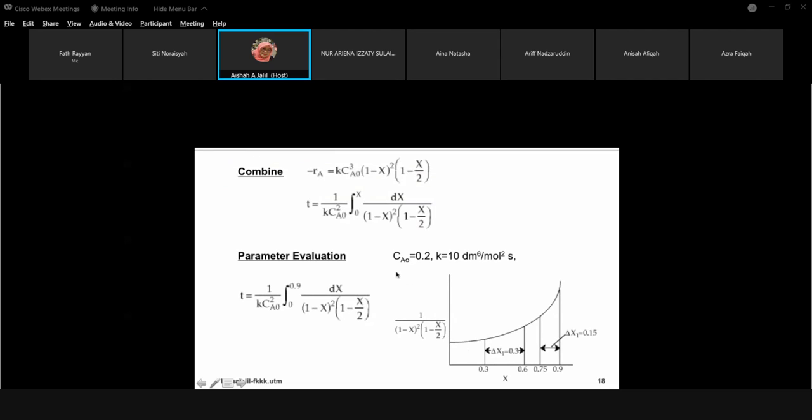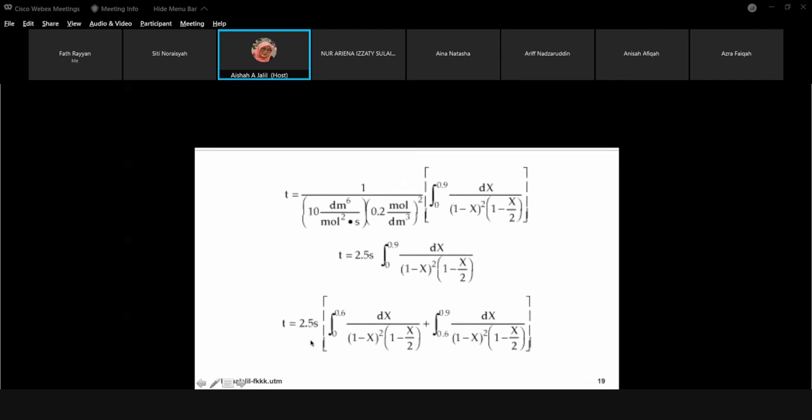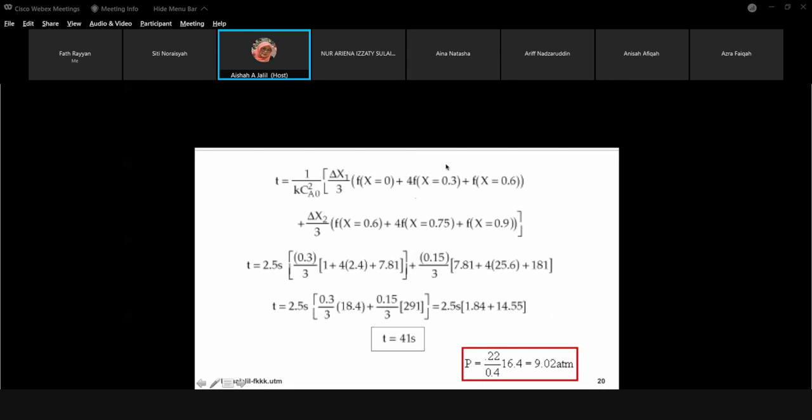Okay, this is the Levenspiel plot, to calculate using Simpson's rule. Then you can calculate the t. The t is 41 minutes. This is the P. Like I said, this is the pressure.